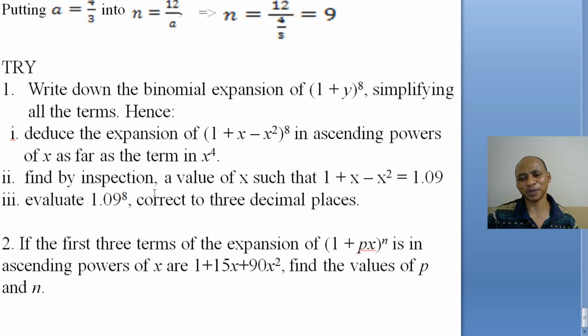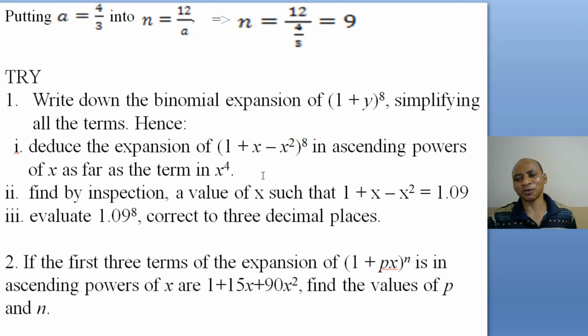Find by inspection a value of x such that 1 plus x minus x squared is equal to 1.09. Then evaluate 1.09 raised to the power 8, correct to 3 decimal places. Now let me give you the clue in the trial question 1.